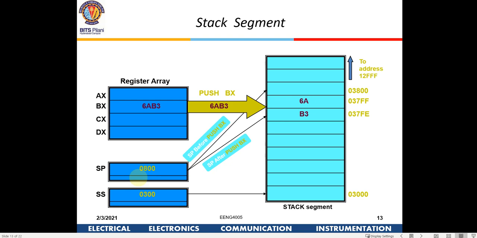All those data are automatically put in the stack segment, and when the interrupt service is executed, it goes back to the original program. It pulls back all those data from the stack segment in that order, back into the carry flag and so on. So that is where the stack segment is used. These things we will learn in our theory. I just thought I would share this little information with you so that you have a rough idea of what the stack segment is all about.